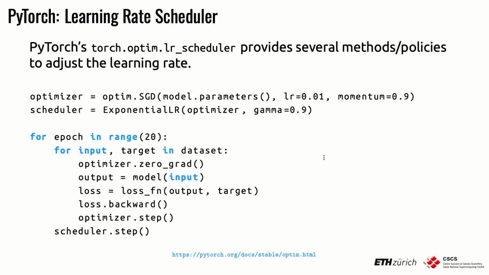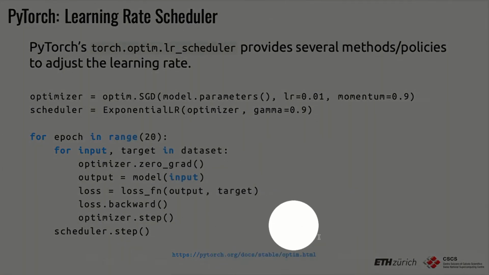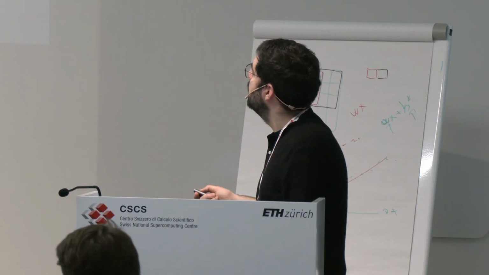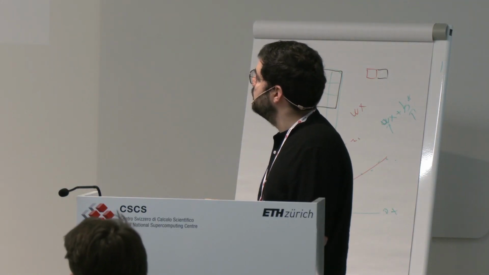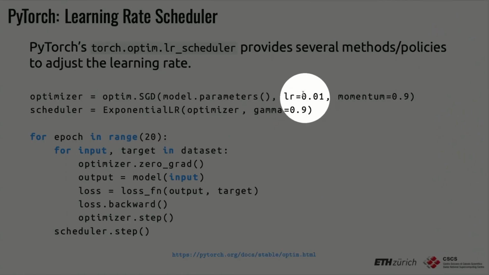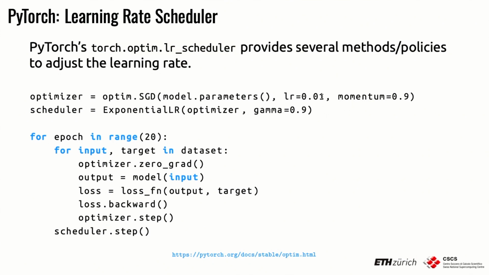And there are plenty of schedulers. You can see them in the documentation, PyTorch optim. They are in the optim module of PyTorch, and here I give a simple example of an exponential learning rate scheduler that makes your learning rate decay exponentially during training. You define the optimizer as usual, and now you have to interpret the learning rate as the initial one.